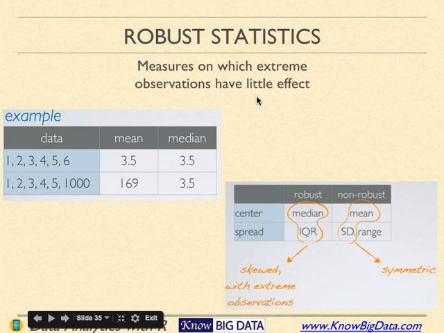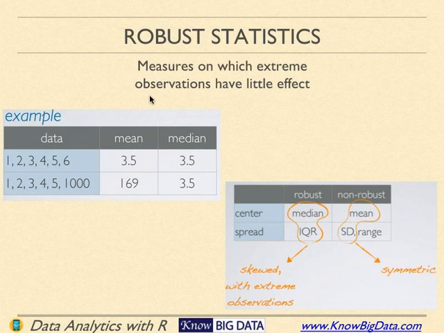Earlier there were 1, 2, 3, 4, 5, 6. The mean was 3.5, the median was 3.5. We were all happy. Suddenly 6 is removed and 1000 is pushed in. The mean suddenly goes to 169, while the median is still 3.5. Just that for the mean to be sensible, you should have good enough numbers, a good enough range.